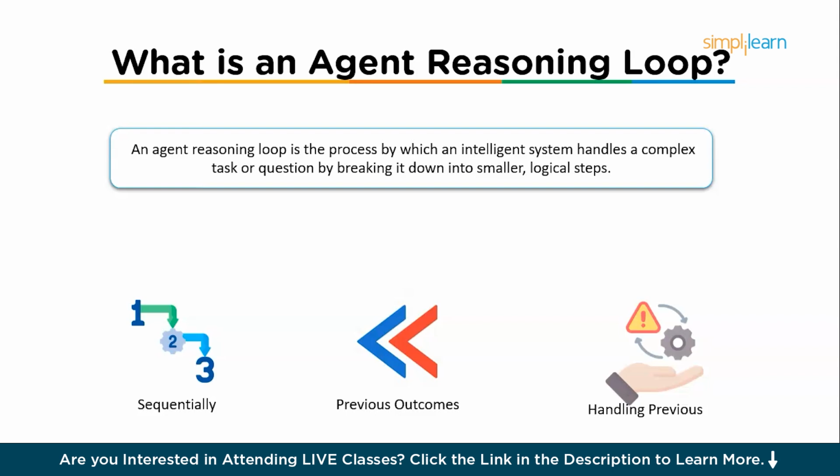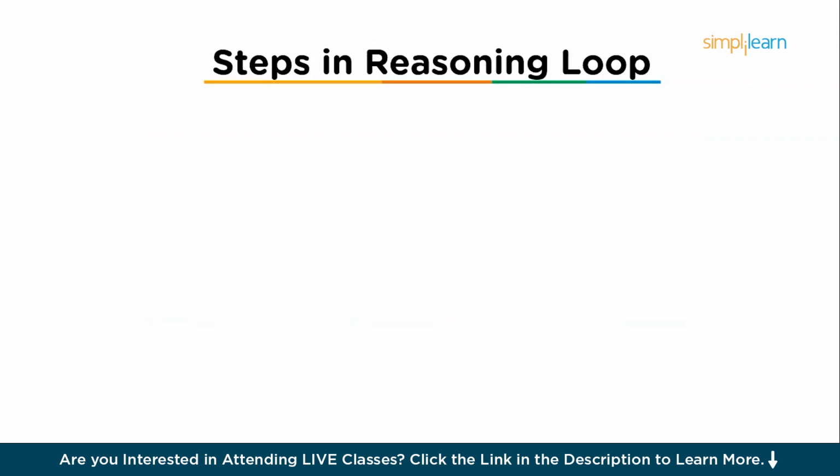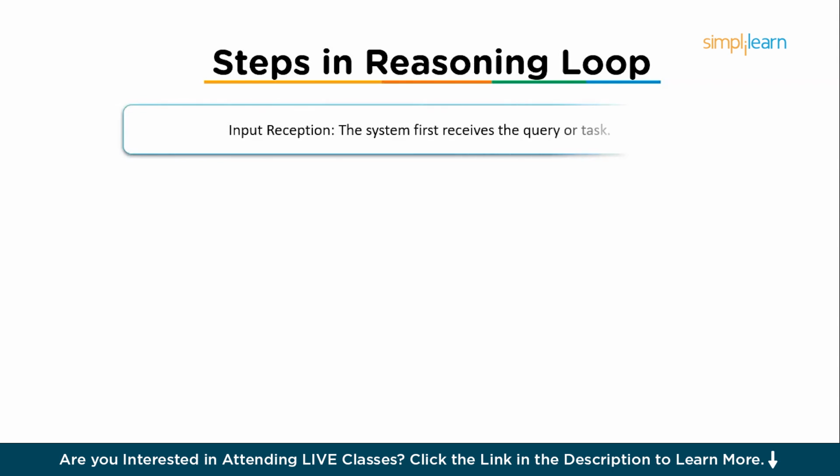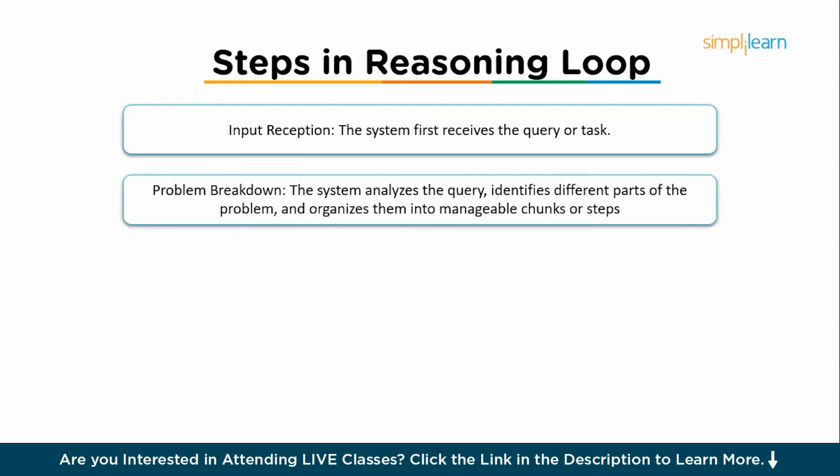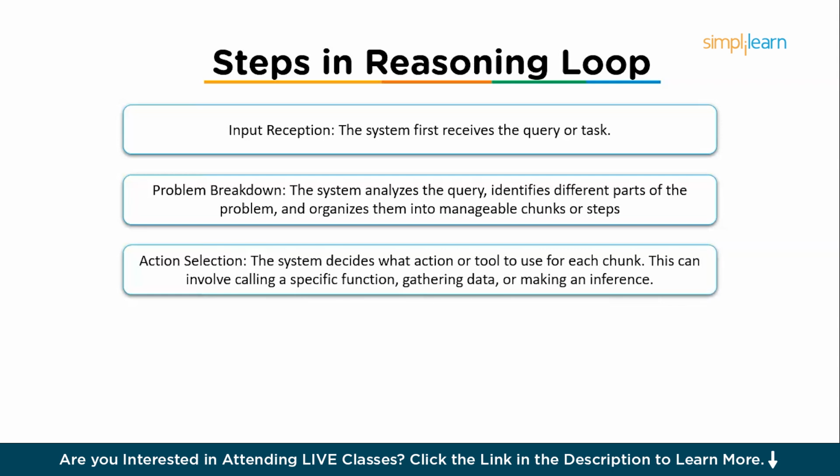Now let's see the steps in the reasoning loop. The first step is input reception. The system first receives the query or the task. Then the step is problem breakdown. The system analyzes the query, identifies the different parts of the problem and organizes them into manageable chunks or steps. The third one is action selection.